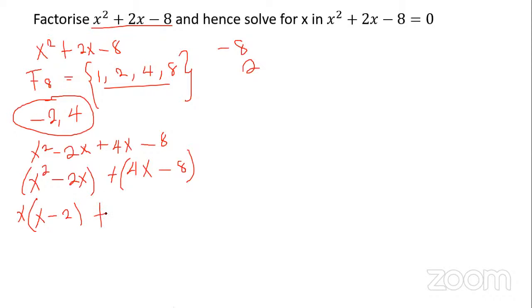What will be the common factor in the second bracket? It is 2. Okay, thank you. What else? Because 2 will not give us an answer. It will be 2x minus 2.